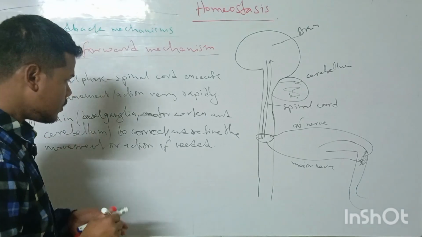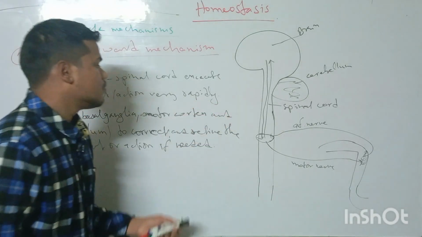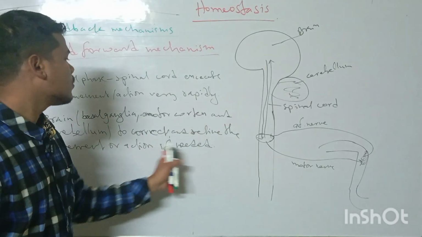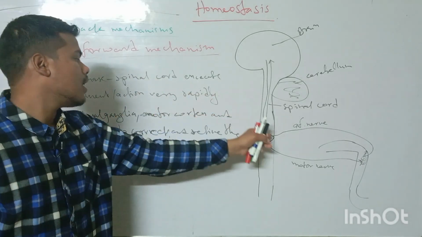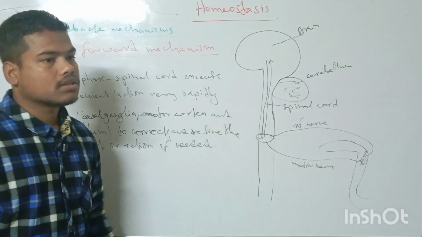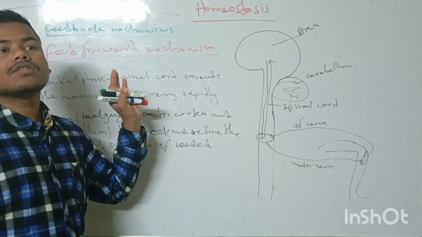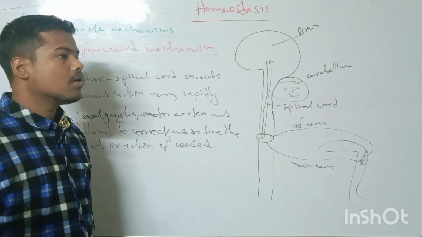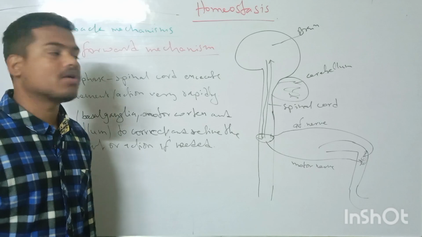Hence here the brain is doing the refining and correction action, and the initial action is mediated by the spinal cord level, and this occurs like in maintenance of the posture or to react to sudden changes in the environment.